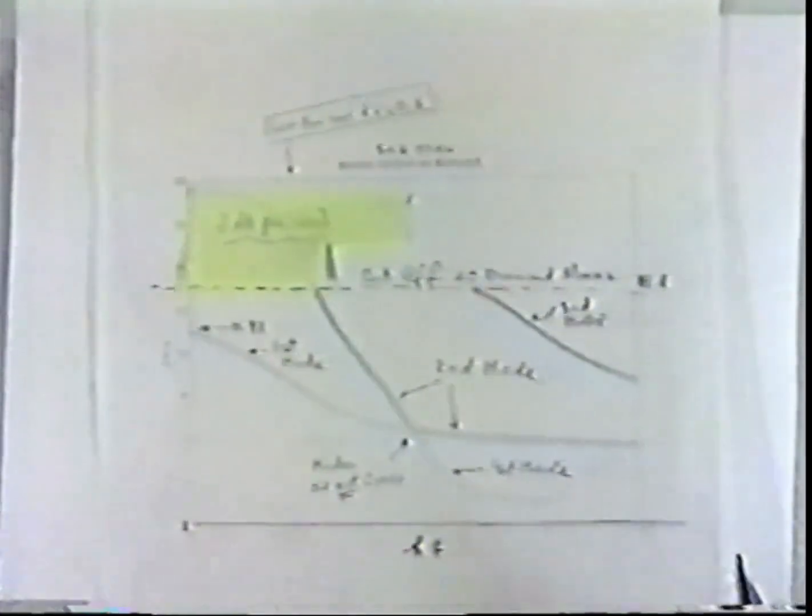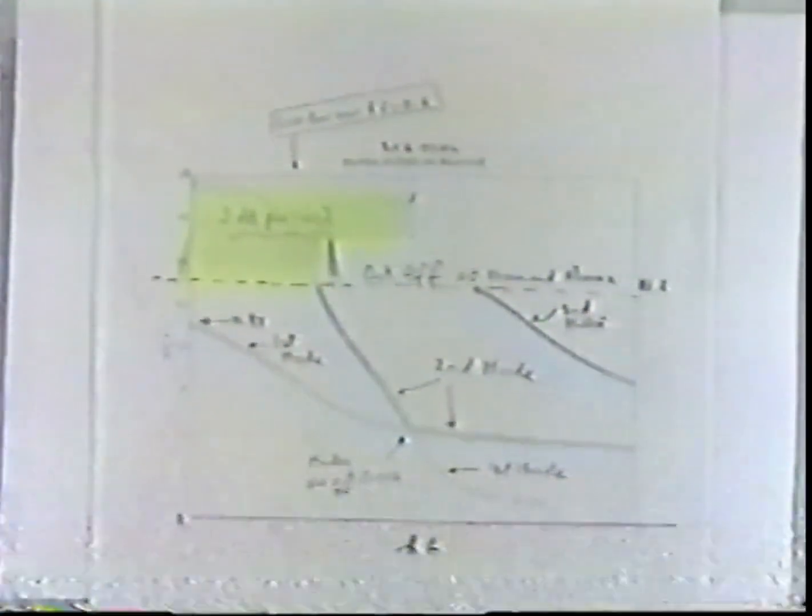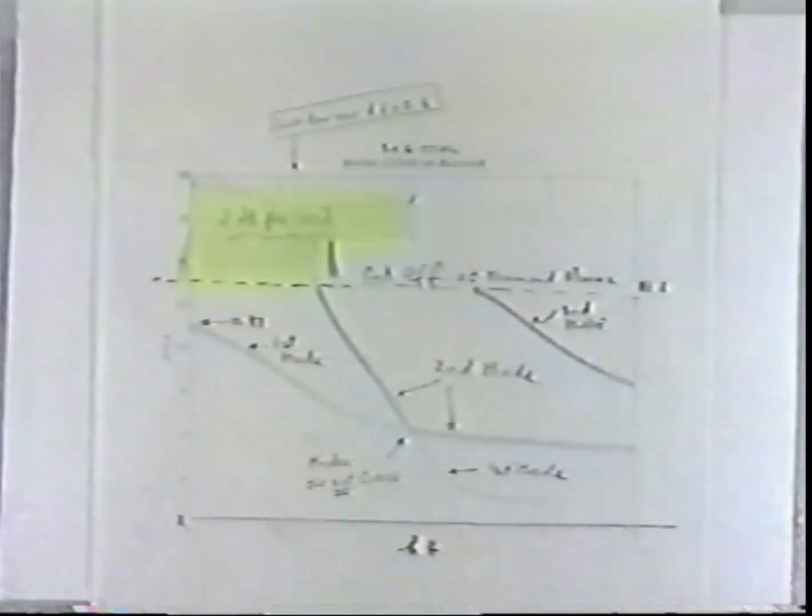As I have mentioned before, when we are dealing with layers, we have more than one mode, and here I've just taken the example of the zinc oxide on diamond, which is something that some of you people are concerned with.